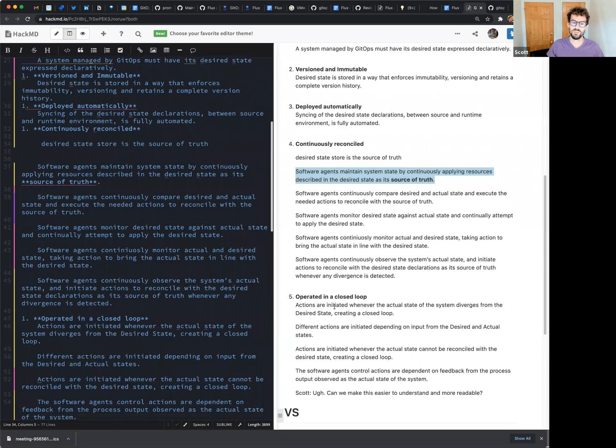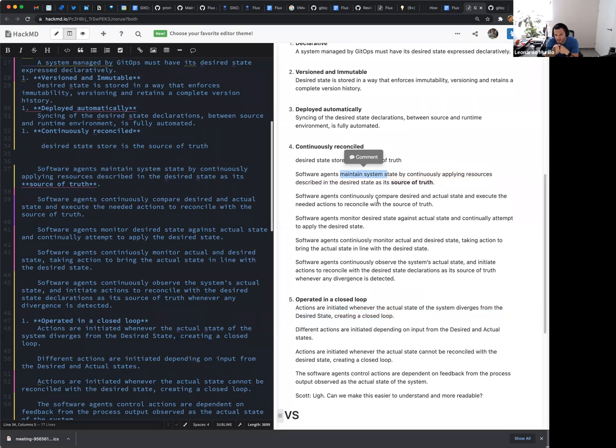How about this? Operating in a closed loop really describes how actions are intelligently initiated, or attempted, based on feedback from the system. That's the whole concept of closed loop. Maybe we don't say what the software agents do, just that they're continually running, that the states are continuously being matched up against each other.